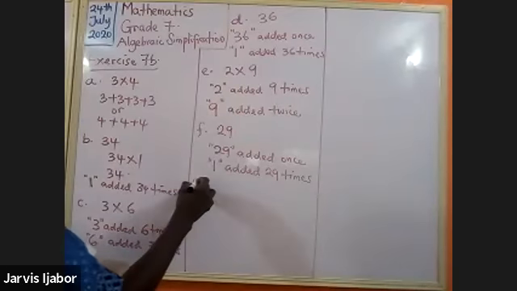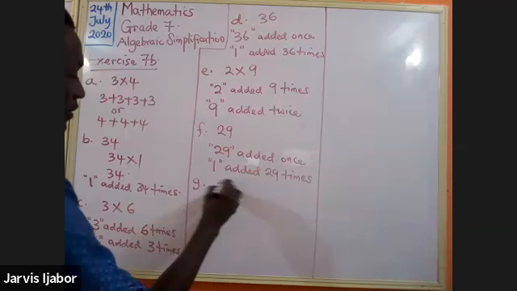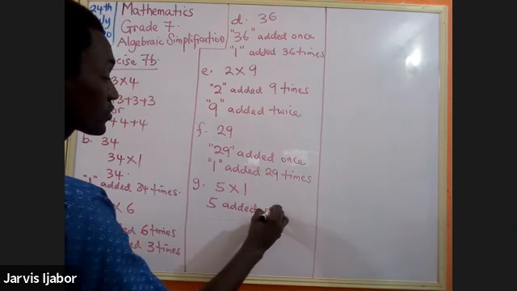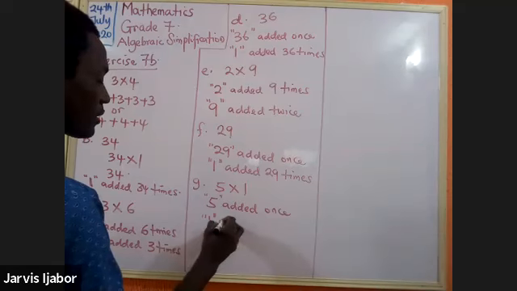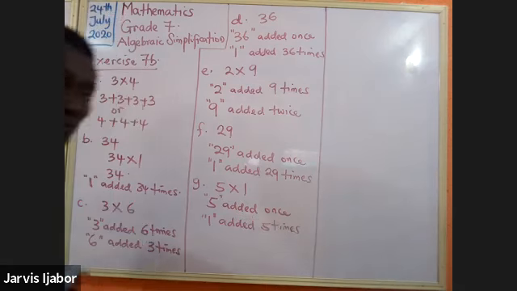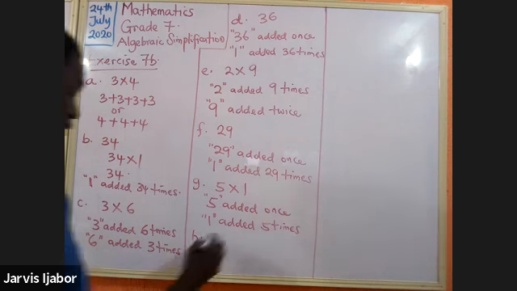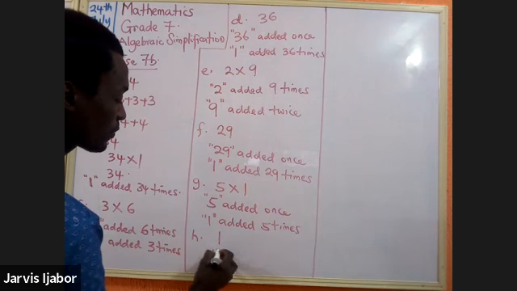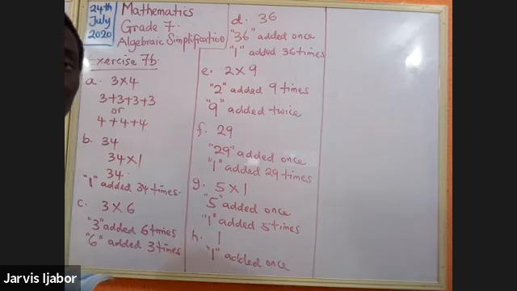The concept of coefficients is the concept of how many times a number is being added. Now let's go to G. For G, we have 5 times 1, which is 5 added once, or 1 added 5 times. H, 1. 1 is simply what? 1 is simply added once.